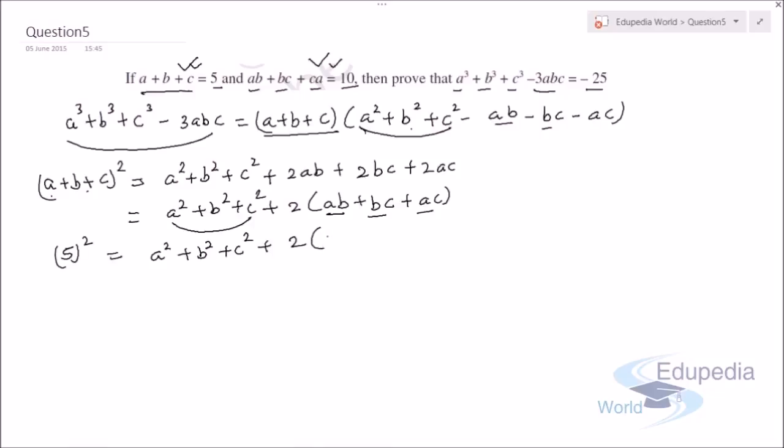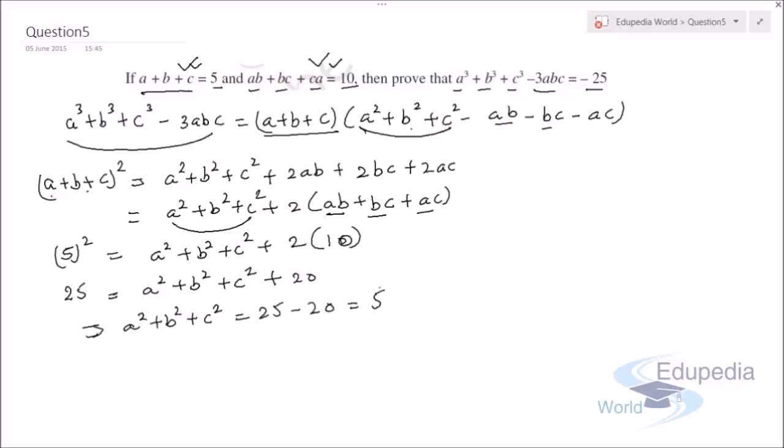So we put its value as 10. So what we get is 25 equals a square plus b square plus c square plus 20. So this implies a square plus b square plus c square is 25 minus 20, which is 5.